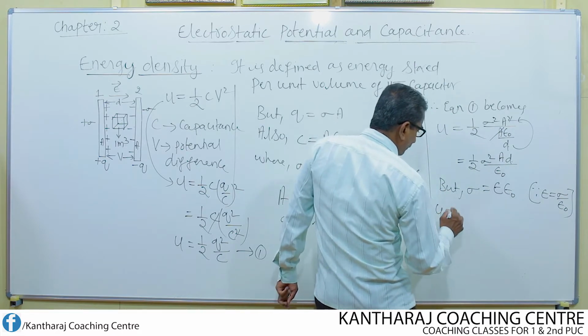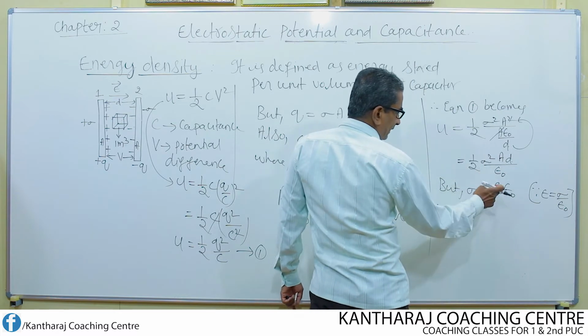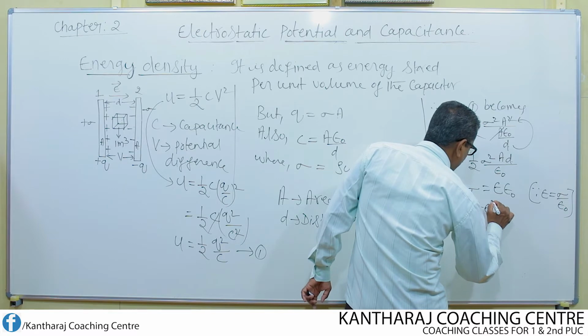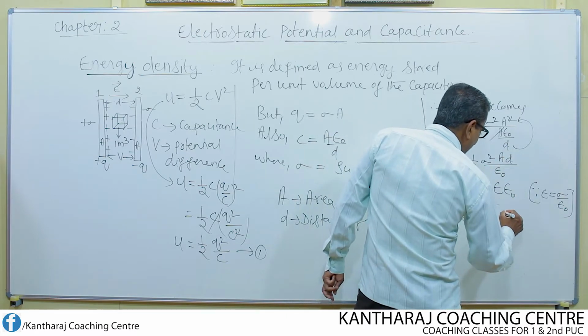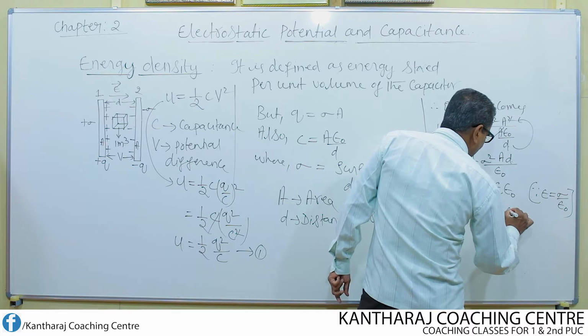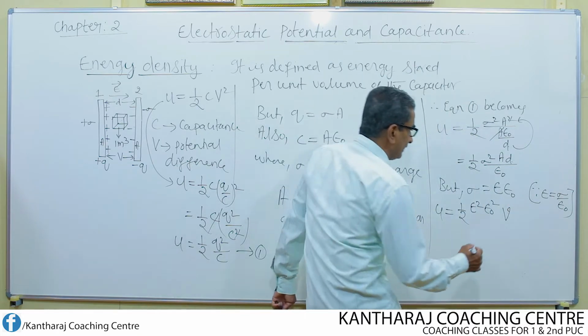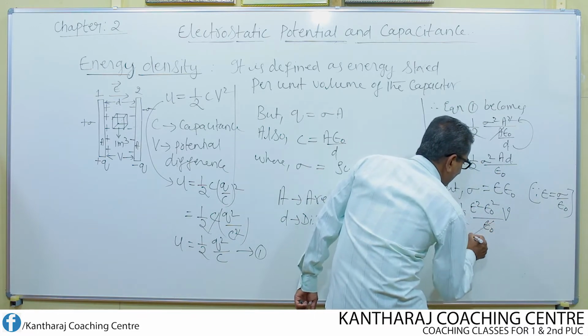This becomes U equal to half of sigma square, meaning E square epsilon naught square, A into D divided by epsilon naught. For A into D, I write V, the volume. Cancel one epsilon naught with one epsilon naught.